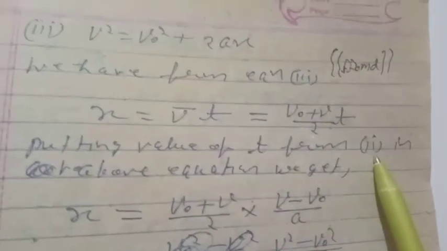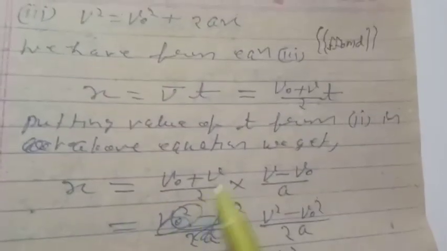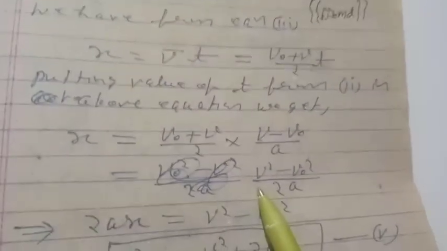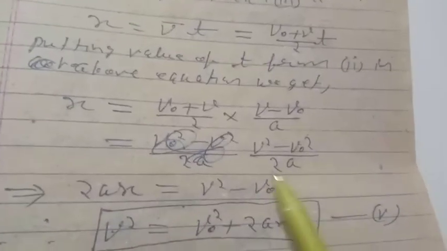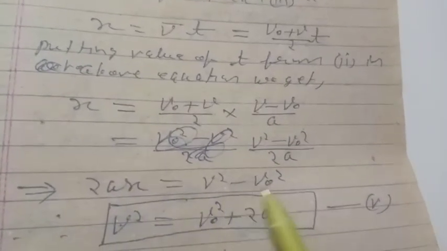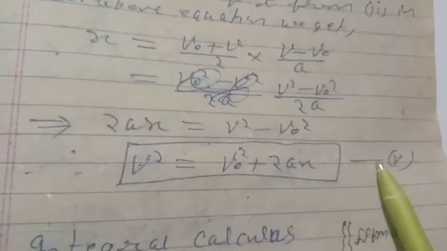Putting the value of t from 2 in the above equation, we get x equals v naught plus v by 2 into v minus v naught by a, equals v square minus v naught square by 2a, or simply 2ax equals v square minus v naught square. Hence v square equals v naught square plus 2ax.